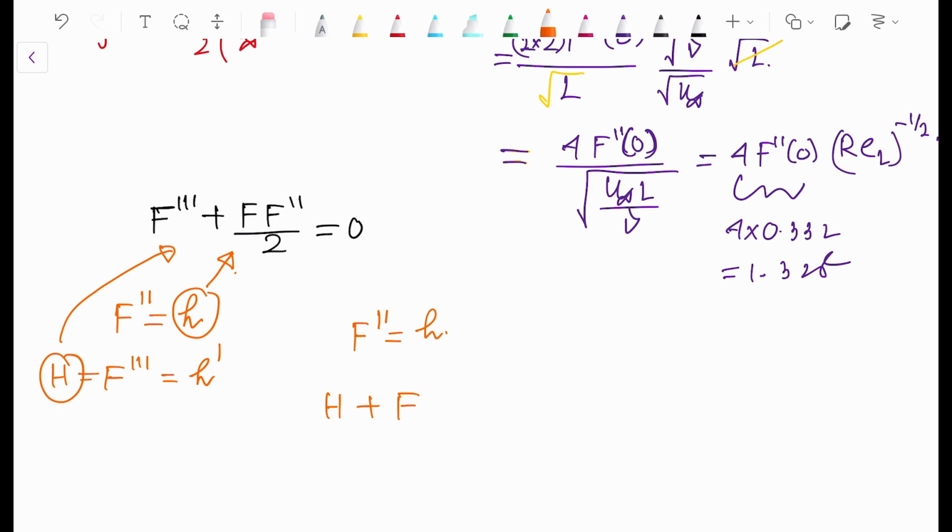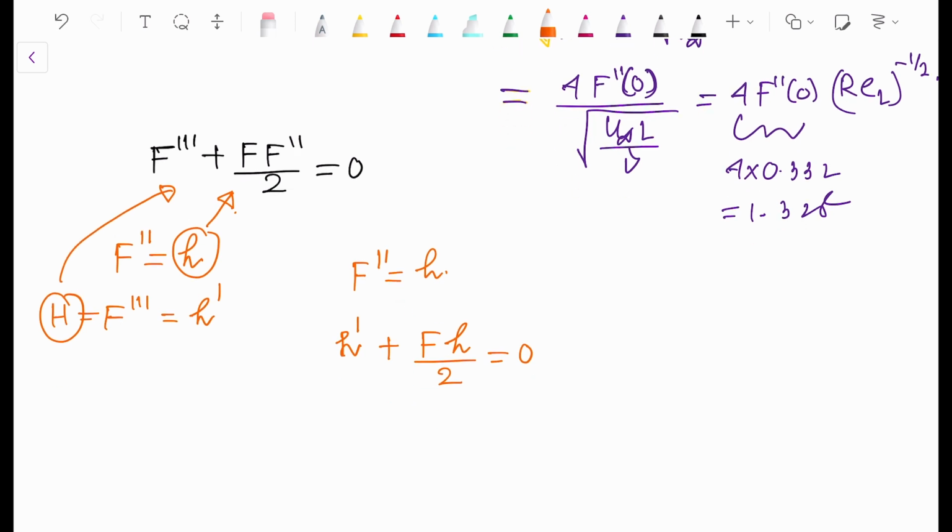So I want to have 3 ordinary differential equations with first order. I have the opportunity to retain one derivative here. So this will be h dash plus f into h by 2 equal to 0.